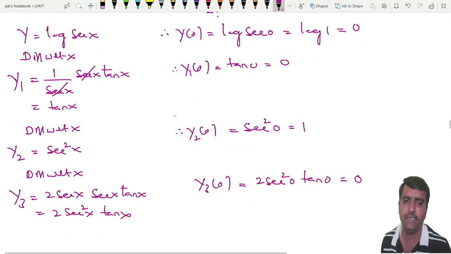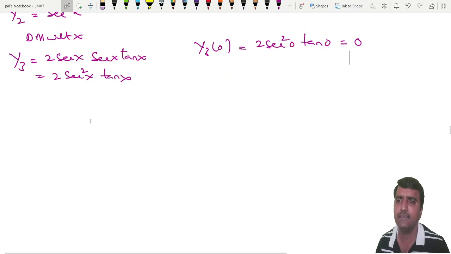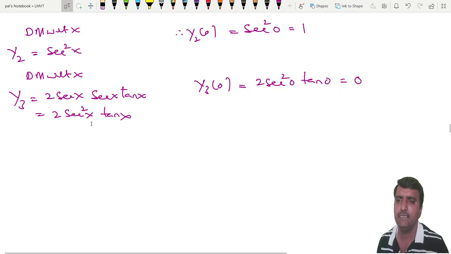Secant square into tan 0, tan 0 is 0. So totally it is 0. If needed, in the next step you may get 2-3 more steps here, because again differentiation of secant x, differentiation of secant square x takes very lengthy steps.